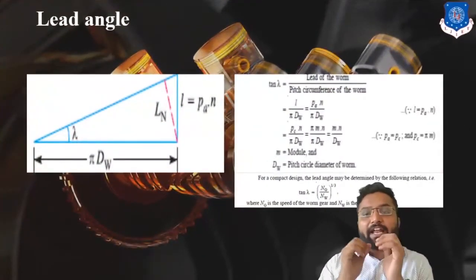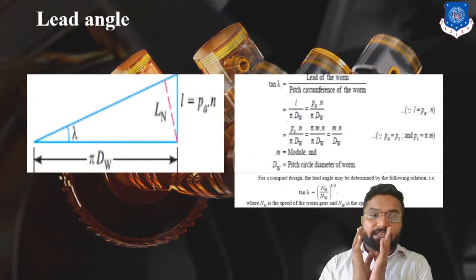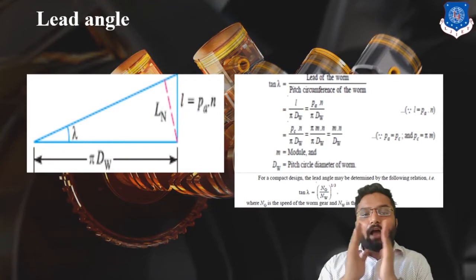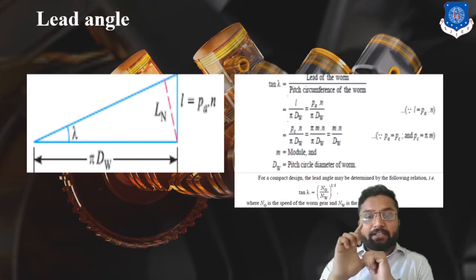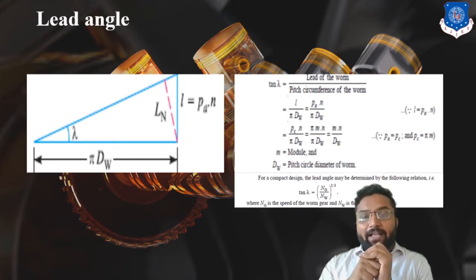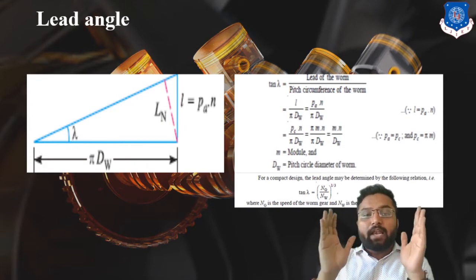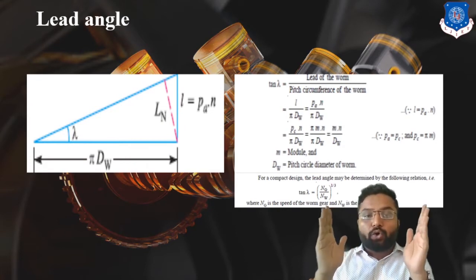And the lead angle is an essential part to determine our pitch, or you can say lead. How will it determine this? Small l is the lead, lambda is the lead angle, and pi dw is the length of our total worm.